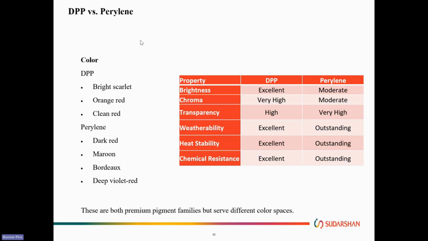Pyrrolines, both are what I would consider the premium high performance color space. And really, again, it comes back to a color space difference between the two. The DPPs tend to be the brighter, cleaner, or more orangey shade reds, versus the Pyrrolines tend to be the dark reds, the maroons, or deep violets, those types of color spaces.